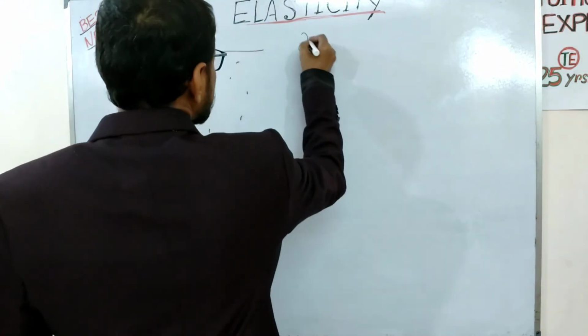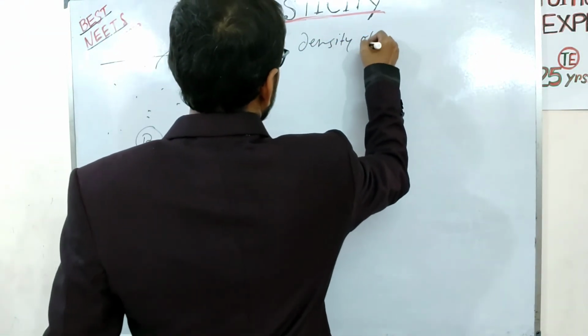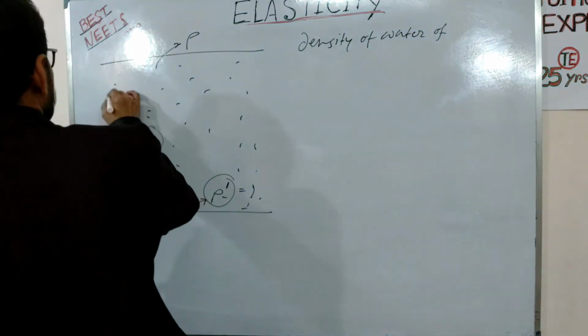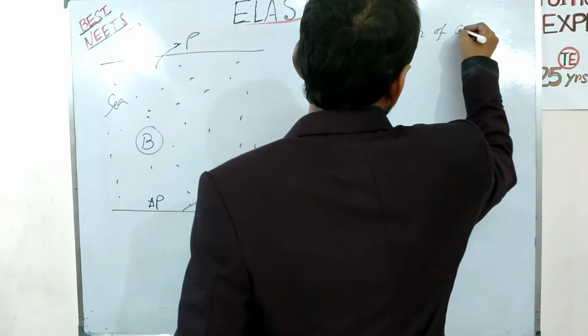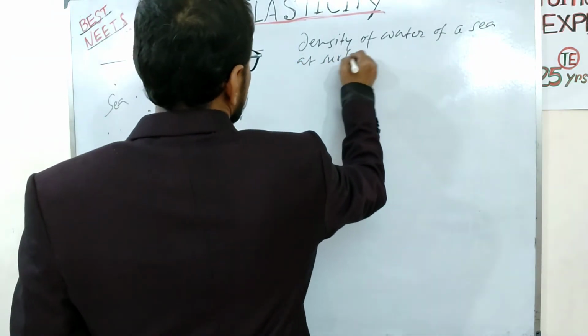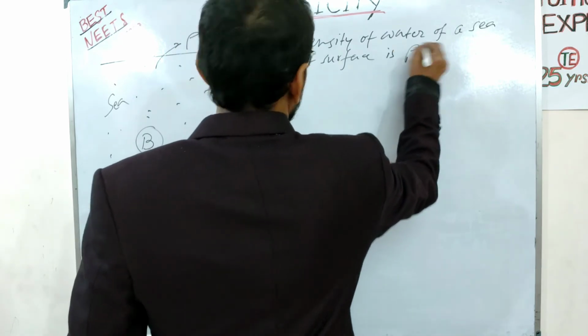So the question is: the density of water of the sea at the surface is rho.